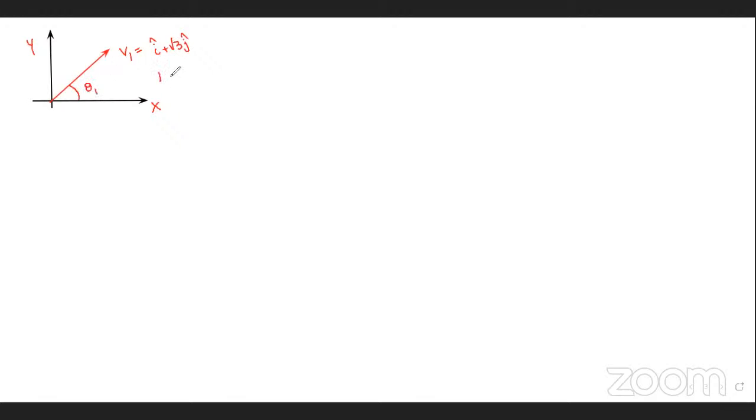Theta 1 I can calculate using the formula tan theta is equal to AY by AX. We know in our physics vector chapter, AY is root 3 and the I cap component AX is 1, so tan theta is root 3. That implies theta 1 here is 60 degrees.